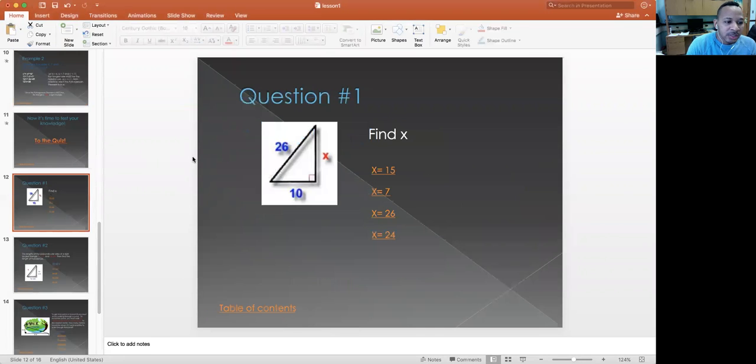So now let's look at this question. We have 26 for the hypotenuse, 10 and x. So we're trying to find x. So a squared could be 10 squared, b squared would be x squared, we don't know what x is, and then equals 26 squared, the hypotenuse squared. 10 squared is 100, and x squared. And then 26 squared would be, just do a quick computation here, 676.